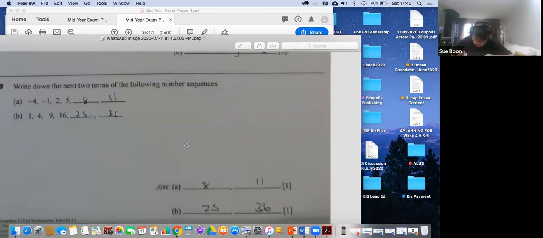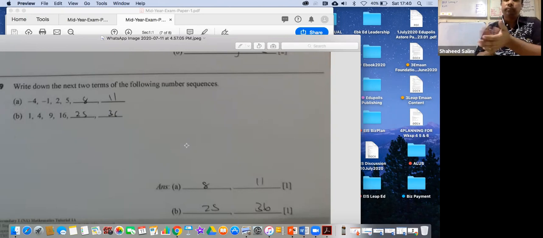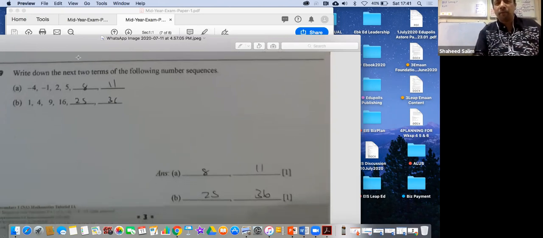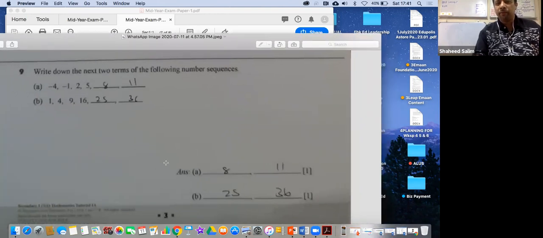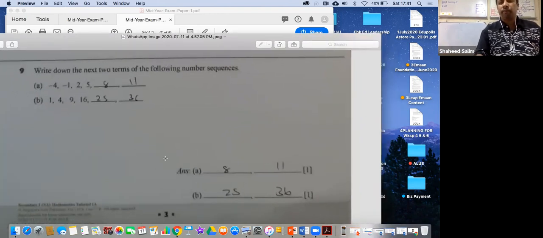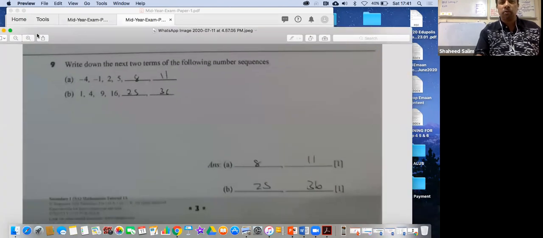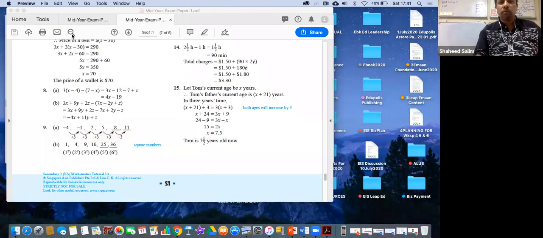Negative 4x plus 11y plus z. Well done. Means you know how to do. Congratulations. The next one, from question number 9, A and B, you got it correct. Okay, so we don't need to go through that. We move on to the next one.